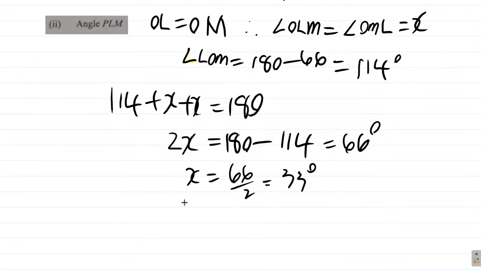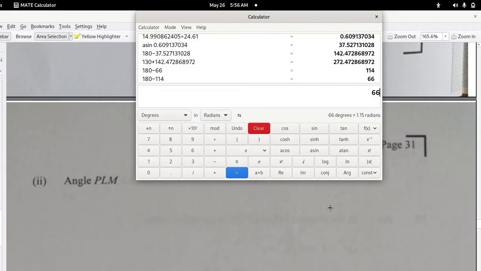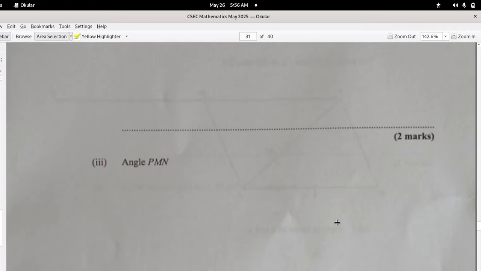So what you have is that PLM is equal to 33 degrees. Alright. See that? That's angle PLM. Now, that's 2 marks.